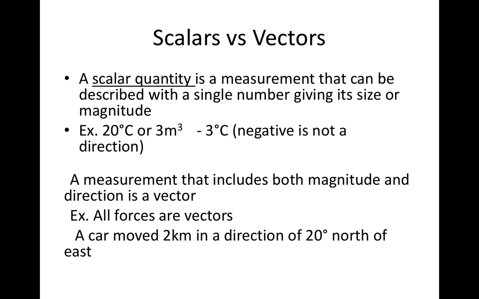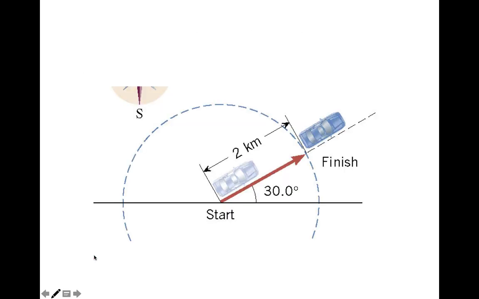That is a vector because it has both magnitude, 2 kilometers, that is the magnitude, the number, the value, or the amount. And then 20 degrees north of east is the direction. So it has both magnitude and direction, therefore it is a vector.